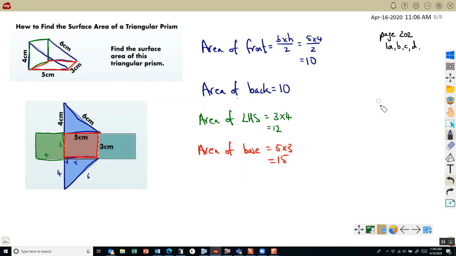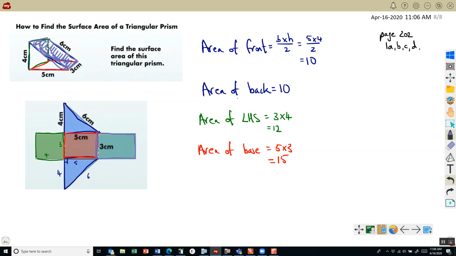I'll change this color. So let's do this side now. That is this side here that I'm just going over. I'm sorry, I know this might be a little bit difficult to see, but it is this side.